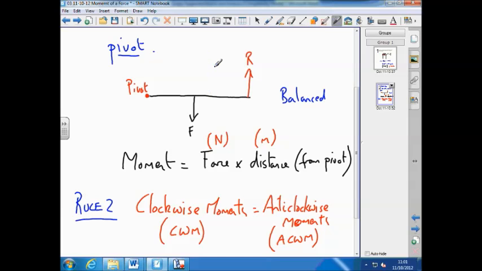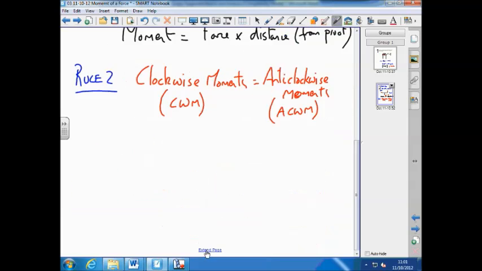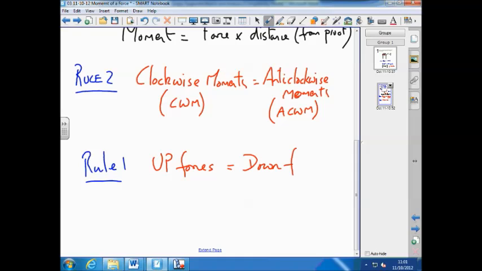Okay? So that rule can also be applied together with Rule 1, which is that up forces equal down forces. In a balanced situation. We're always referring to a balanced situation.